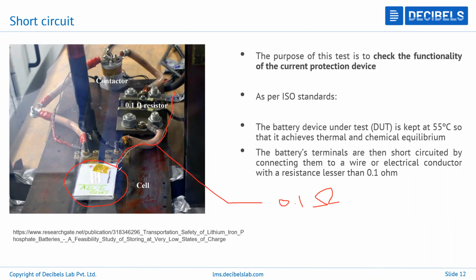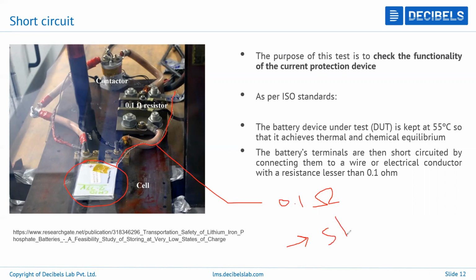So this pouch or this battery pack that we see here is connected to this very low resistance wire, and the cell is then allowed to discharge at very high current rates through this shunt resistor. Then two things are noted. Is there any short circuit?